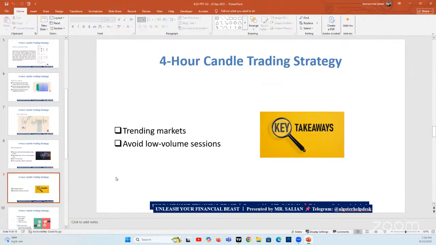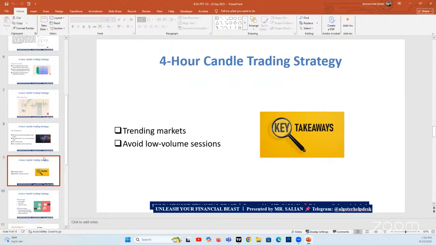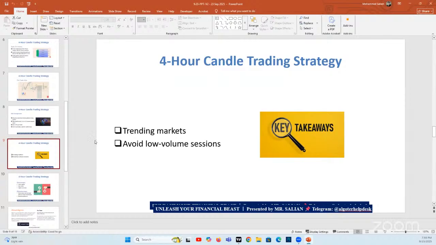You can always check whether all your confluence is aligning and giving you all these signals properly. Then you can enter the trade. Many of you here now understand what I'm saying, but for the others, bear that in mind.